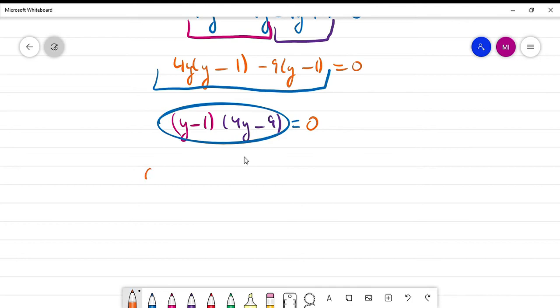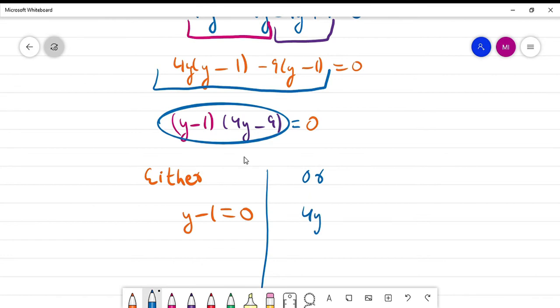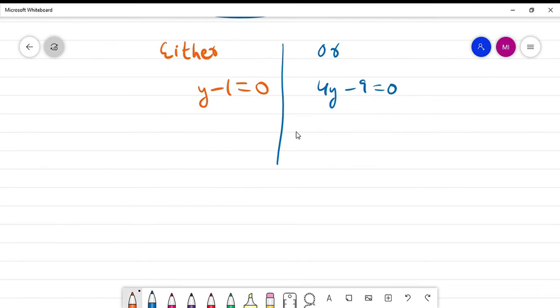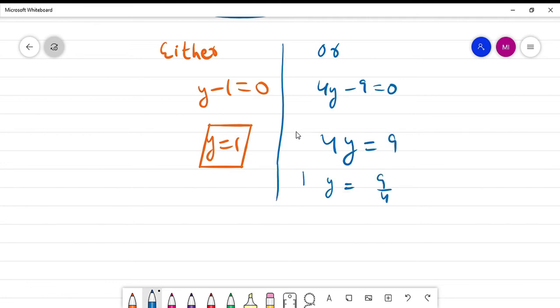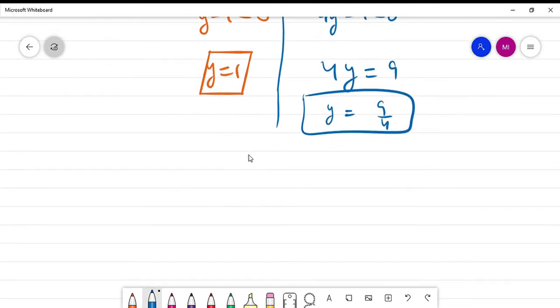So we're going to write either y minus 1 is equal to 0 or 4y minus 9 is equal to 0. So y is equal to 1 and 4y is equal to 9. So y is equal to 9 over 4. And so y is equal to 1 and 9 over 4.